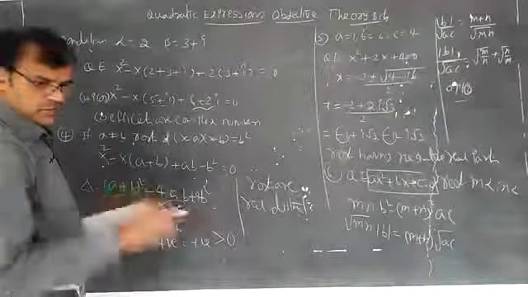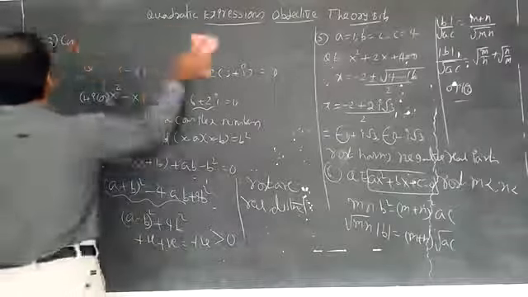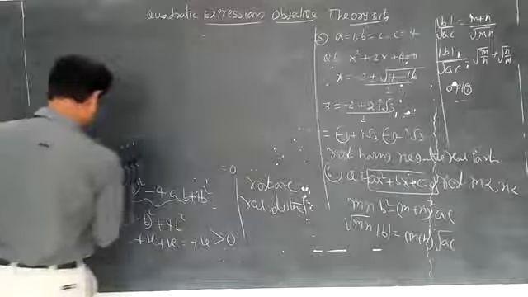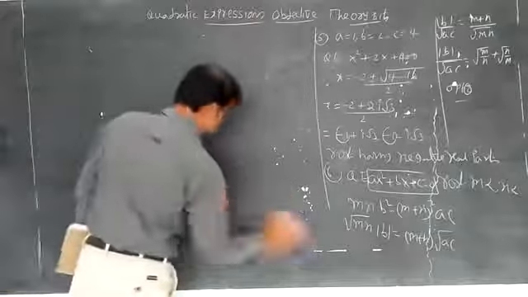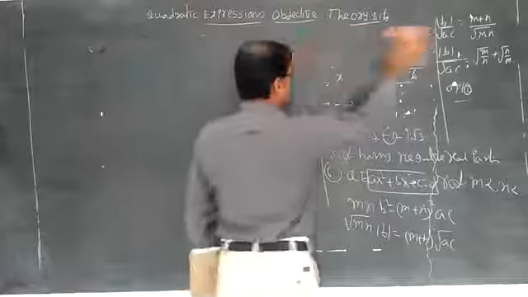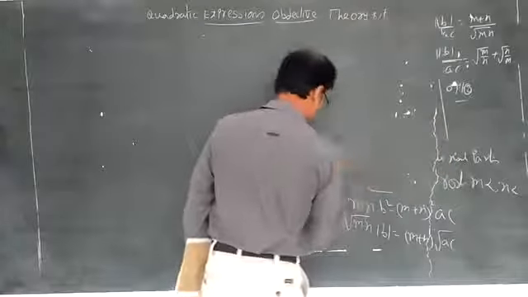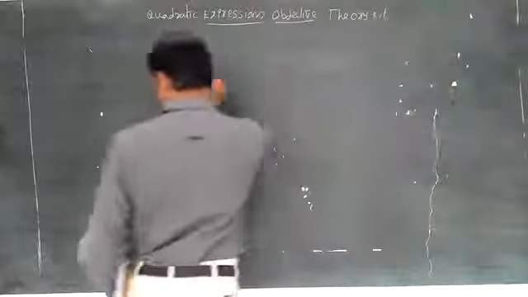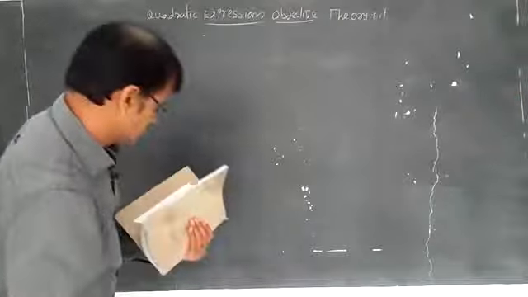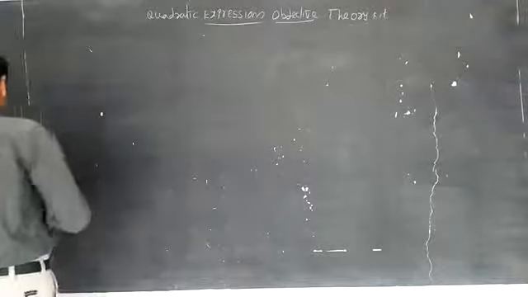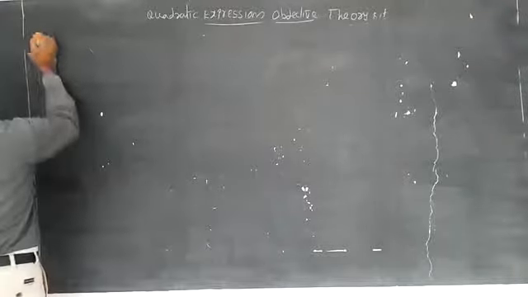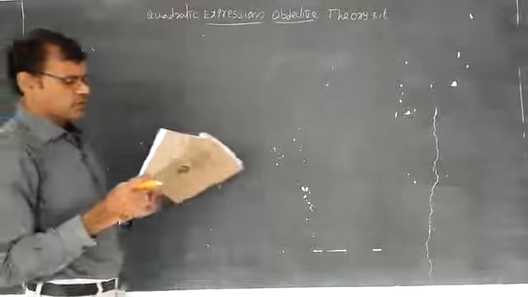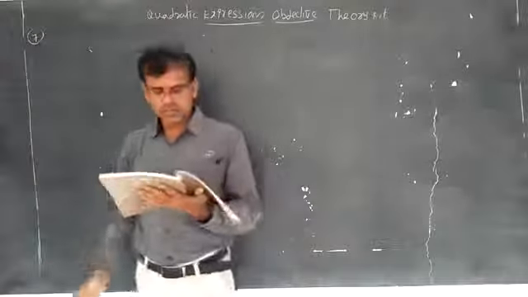Now, seventh question. Alpha, beta are the roots of the equation ax square plus bx plus c equal to 0.